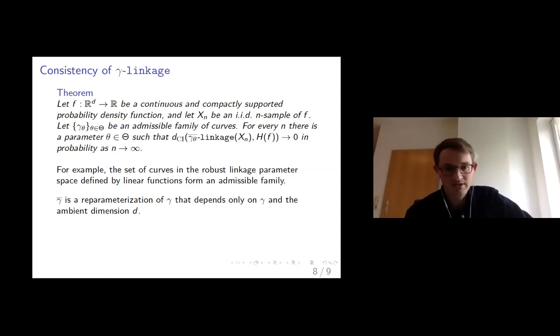This is the sense in which we prove consistency for gamma linkage.